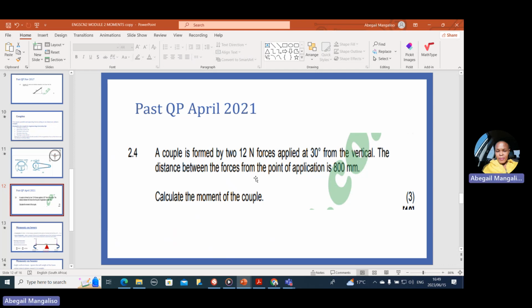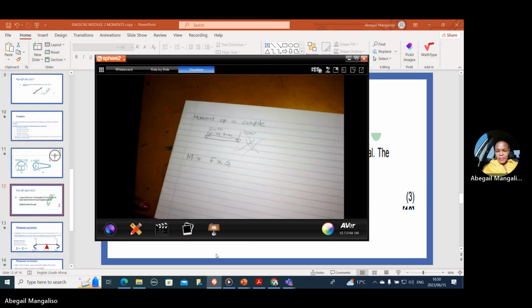The distance between the forces from the point of application is 80 millimeters. Calculate the moment of a couple. I will sketch this. So these forces, a couple, they must act on one object.